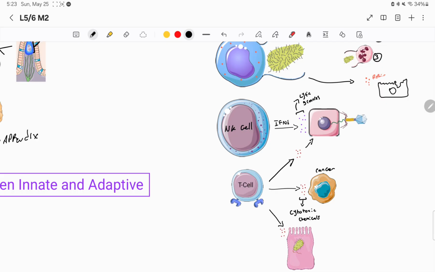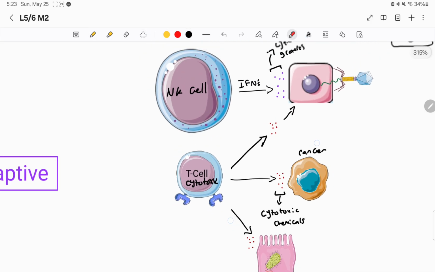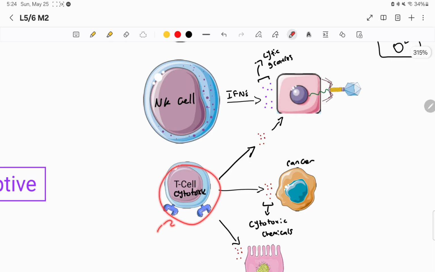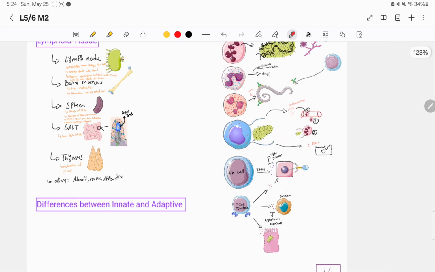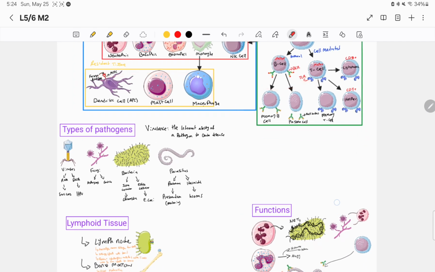T cells, and I should be very specific here, cytotoxic T cells, they have a function, which is very crazy. Cytotoxic T cells, after they become activated by, remember, our antigen presenting cell, our dendritic cell, remember, because their T cell receptor cannot just see the antigens, they require this guy to come here and present it to them.